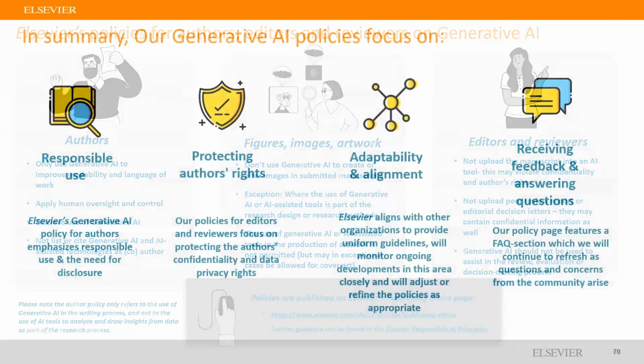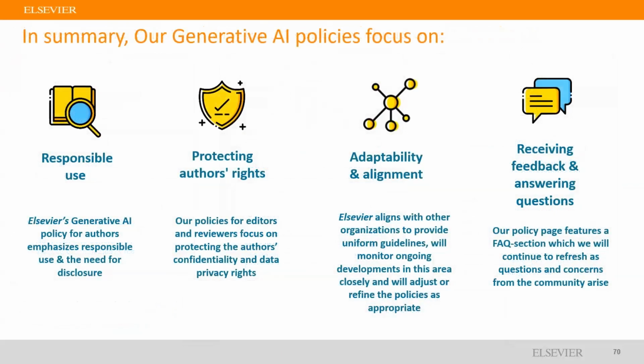Just to summarize here, it's all about being responsible and using the Gen AI tools in a responsible way, and disclosing their use if you are going to use them. We as Elsevier are here to protect the rights of you as authors and ensure confidentiality and data privacy.